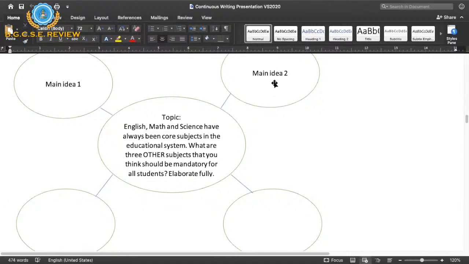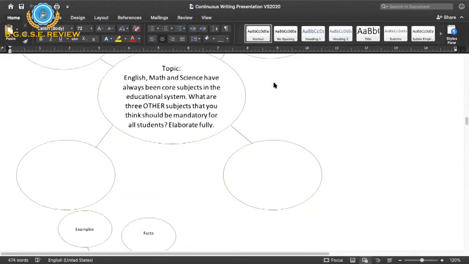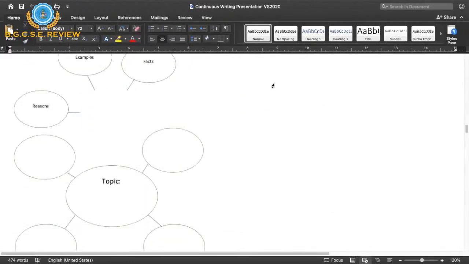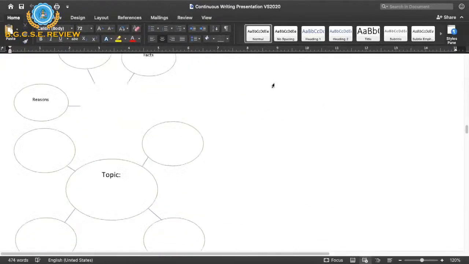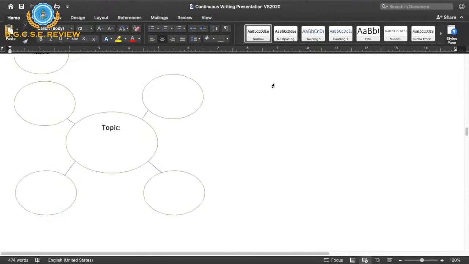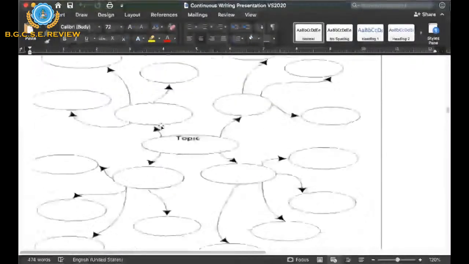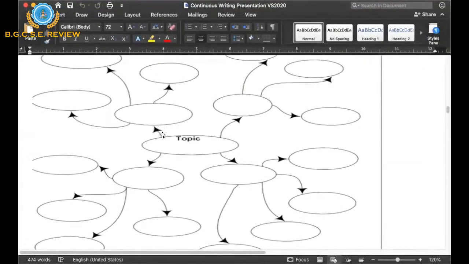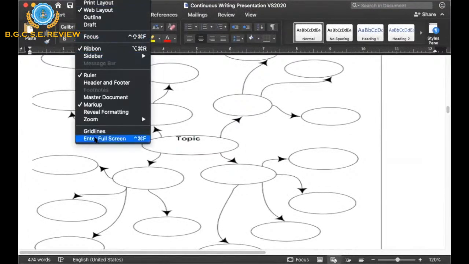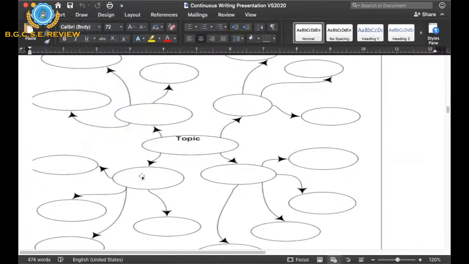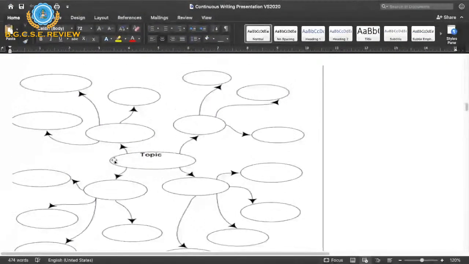Now that we've filled in our main ideas for the body of the essay, let's go on to getting some more ideas. We'll go back to this chart right here, okay?